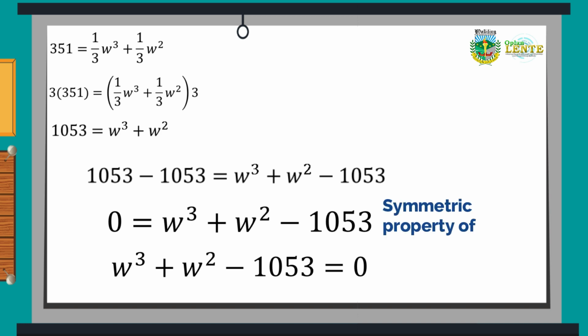So, using the symmetric property of equality, it can also be written as W cubed plus 4W squared minus 1053 is equal to 0. So, this polynomial equation will be used to finally find the value of our variable W.